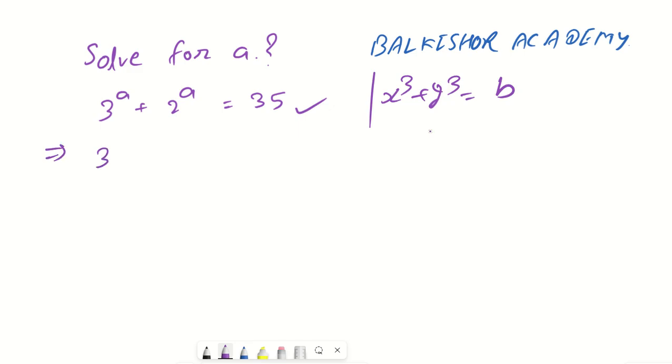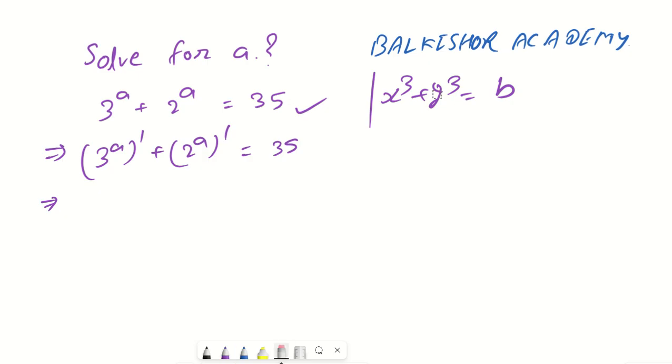Let's say 3 to the power a. Can we write it down as 3 to the power a to the power 1 plus 2 to the power a to the power 1 is equal to 35? Now 1 can be written as, let's say, 2 by 2, 3 by 3, 5 by 5. Anything is fine. So what we are going to do is express in terms of cube.